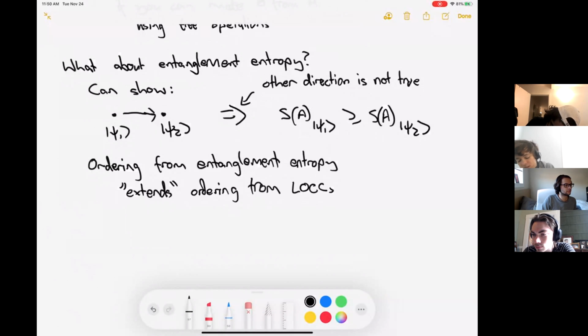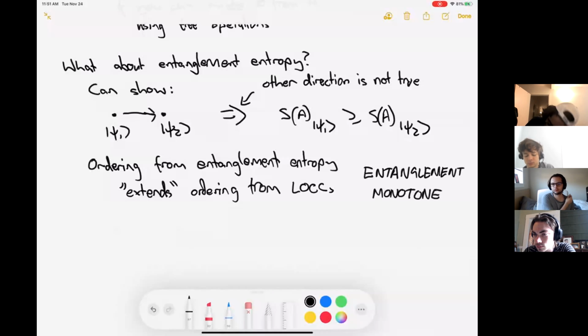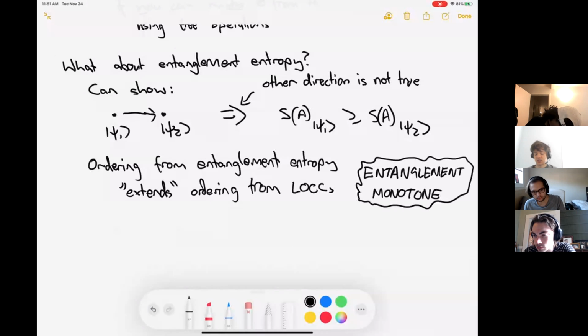So this is an example of what's called an entanglement monotone. It just means something that satisfies two things. One is that doing LOCC operations never increases it.